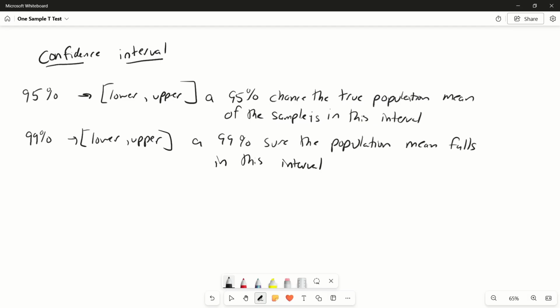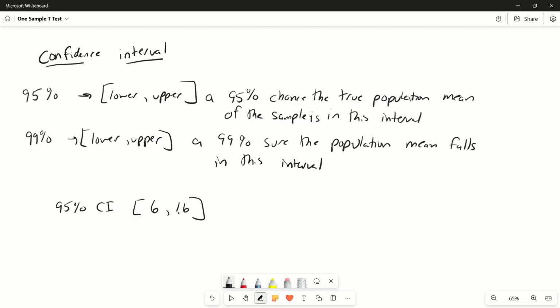Why this is good is because you can compare against population means. For example, let's say that you had a 95% confidence interval between 6 and 16. You're measuring something and you got the 95% confidence interval of 6 to 16. So 6 is the lower end, 16 is the upper end.